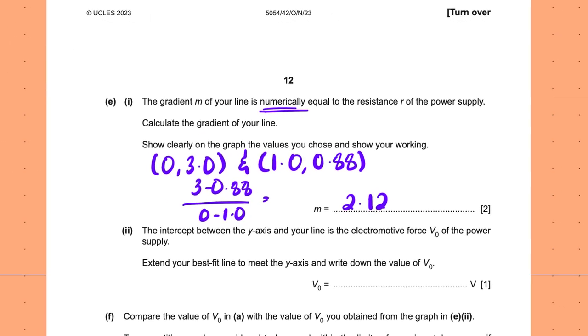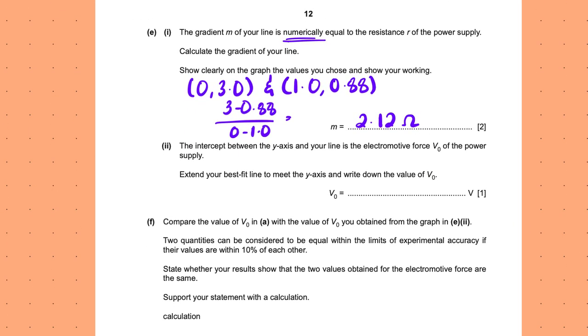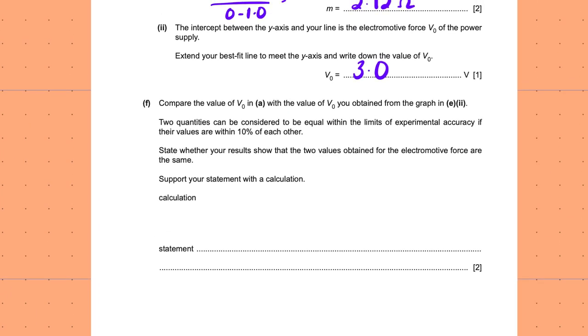Sorry, not volts, ohms. This is the resistance of the power supply. And the EMF, the intercept between Y and your line, is the EMF of the power supply, which we just used as 3.0 volts.